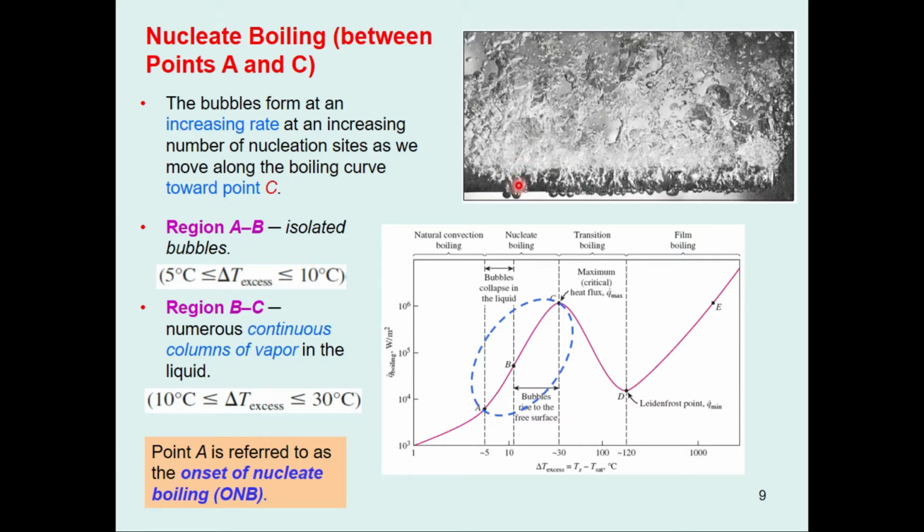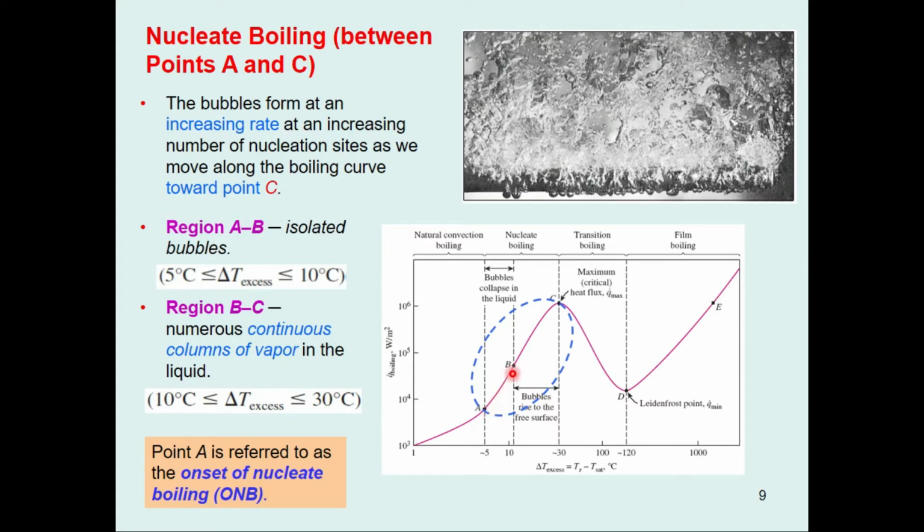Those bubbles will collapse after some time, right? So the region where this phenomenon is taking place, that the bubbles are generating from the heating surface, moving upward, and after some time bursting or collapsing, is known as the nucleate boiling, and this region is represented by this curve from A to B, right?